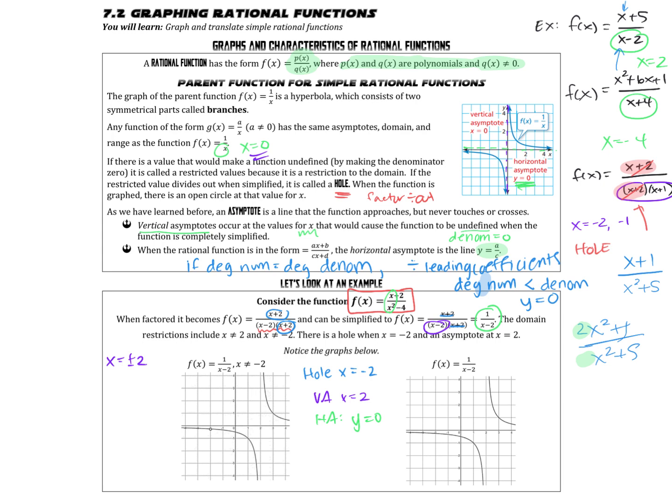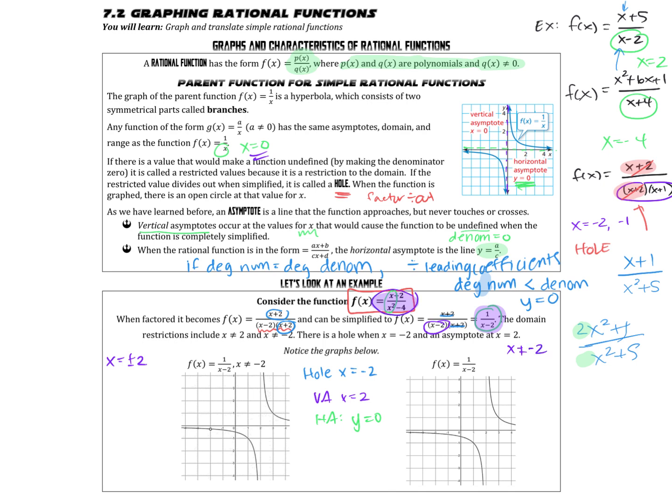What I want you to notice, and this is a really big idea, is that our original function is exactly the same as this function here, as long as we aren't talking about the value that we crossed off, when x is equal to, not positive 2, when x is equal to negative 2.